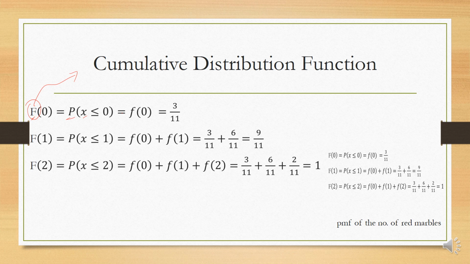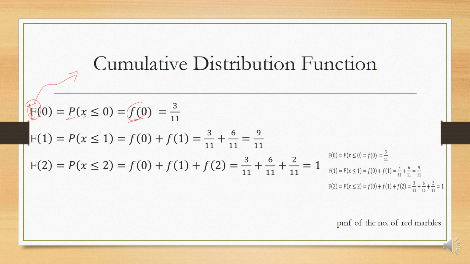Okay? So, ibig sabihin, since wala namang negative na part, no, yung ating probability, lagi tayo nag-start sa probability of 0, isa lang ang laman ng ating malaking F of 0. So, that will mean that it is equal to the f of 0, which is 3 over 11.